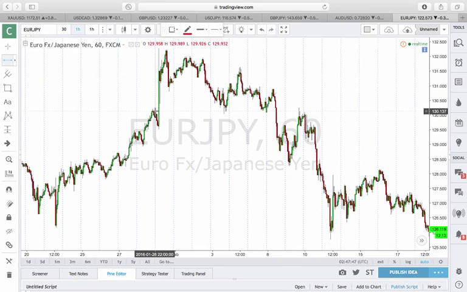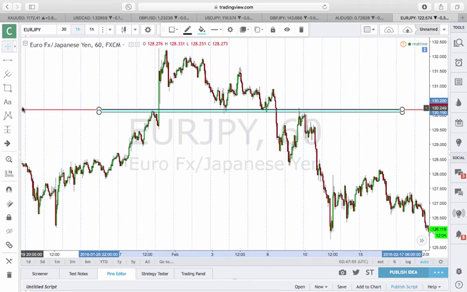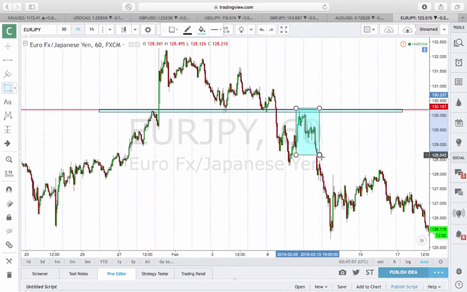All right, so I see a level of support and resistance, and I could draw a zone out from that area. Say you didn't see anything here. Okay, so now you have an area of support. You see that price is moving up. You're waiting for it to test.